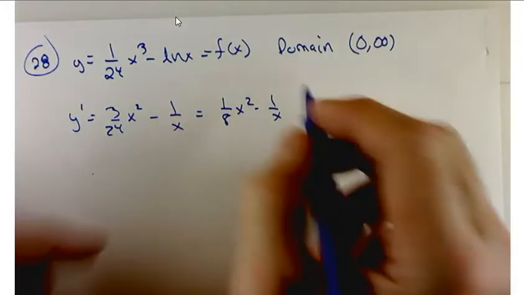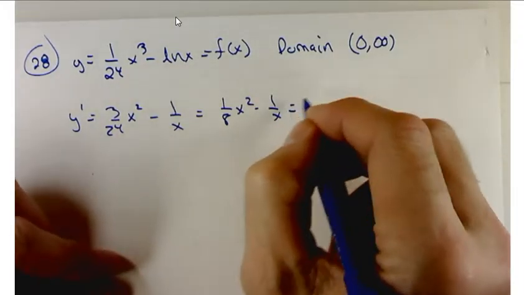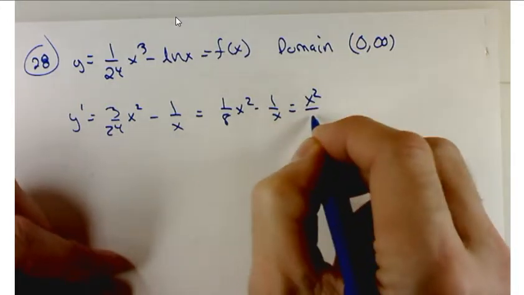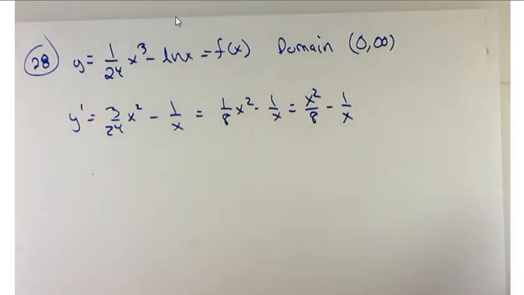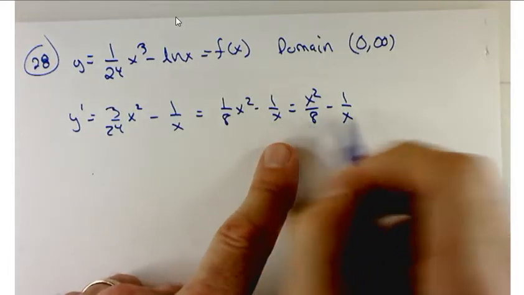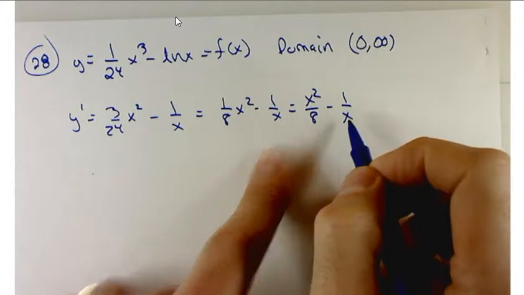It might be in our best interest in this one to get a common denominator. X squared over 8 minus 1 over x. That way I'll have a numerator and a denominator, and I can look where the function has a derivative that doesn't exist or is equal to 0. In order to bring these two terms together, I need a common denominator.